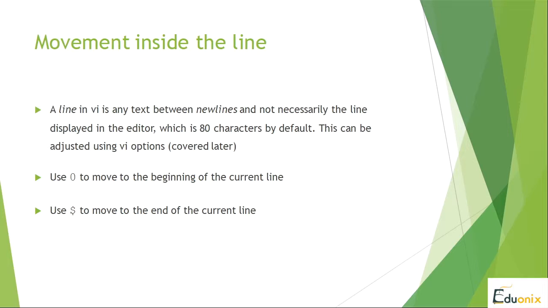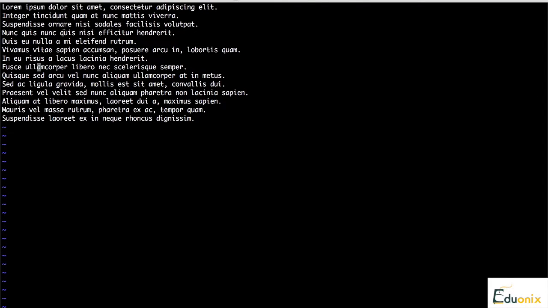To learn how to move inside the line, you have to know that VI considers a line, if you have a look here, not to be the visible space for you. So this is a line in VI only because it contains a new line character at its end, okay?